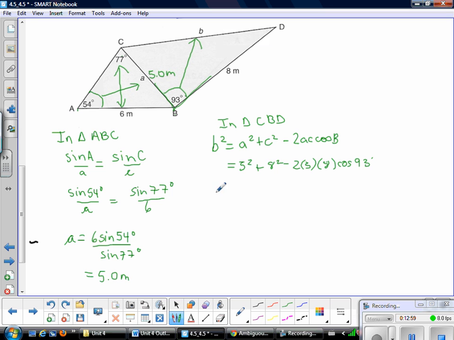When we plug that all into our calculator, we end up with something like 93.1869. I'm keeping a few decimal places. Now that's b squared, so I have to take the square root of that, and I end up with approximately 9.7, and my units are meters.